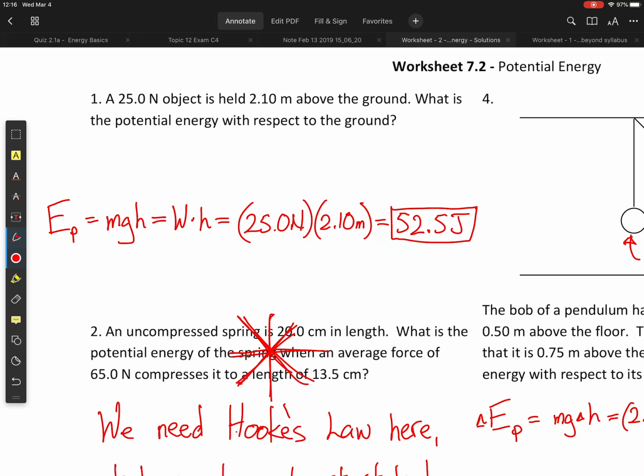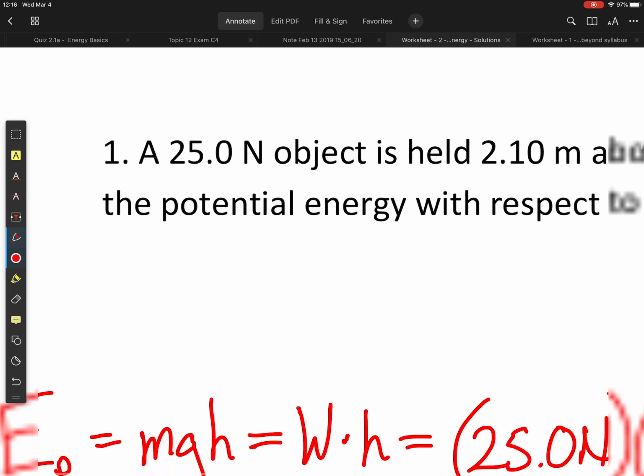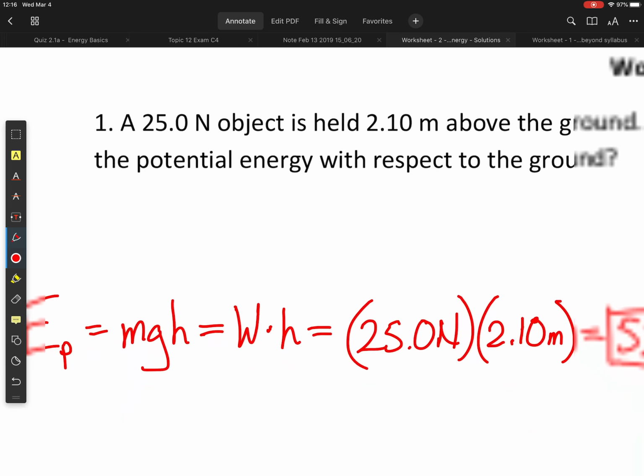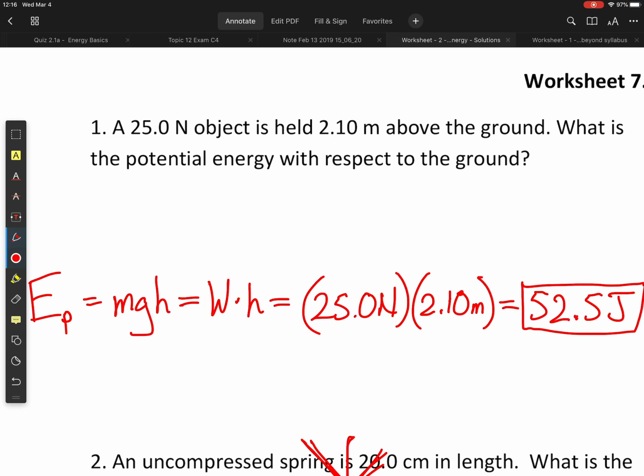So we know the weight of our object here in the first problem is 25 newtons. That is a weight: mass times gravitational acceleration. We're also given a height, 2.10 meters, and we're asked to find the potential energy with respect to the ground.